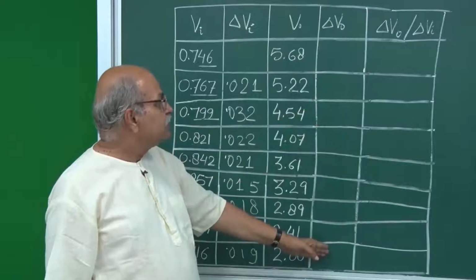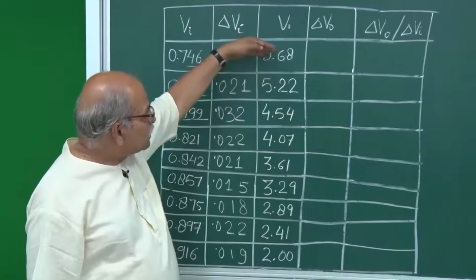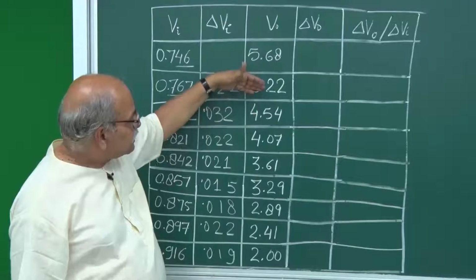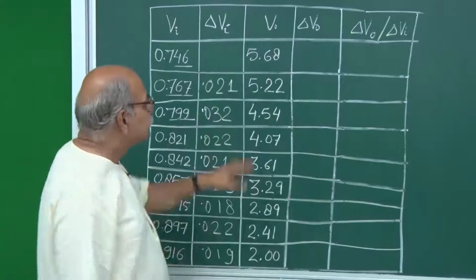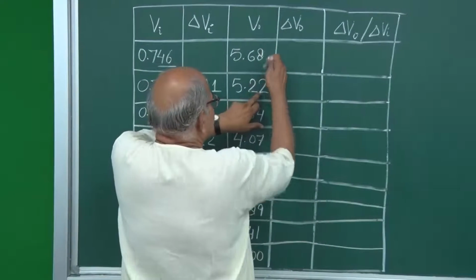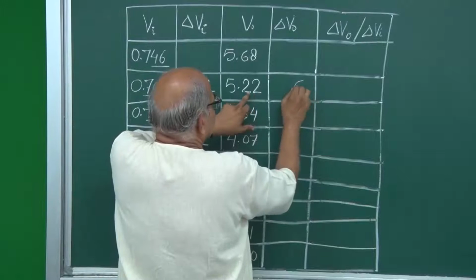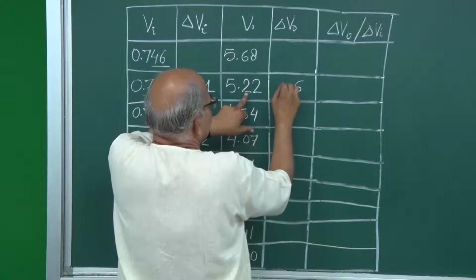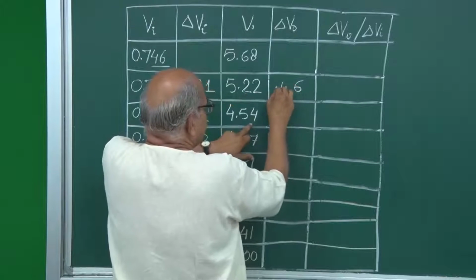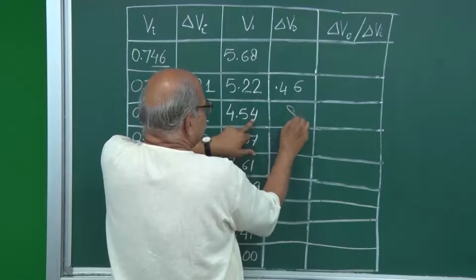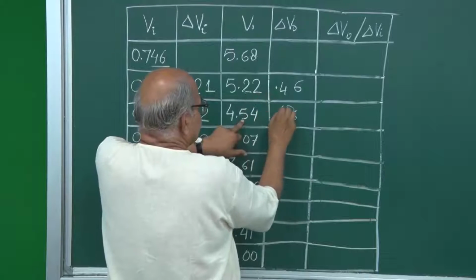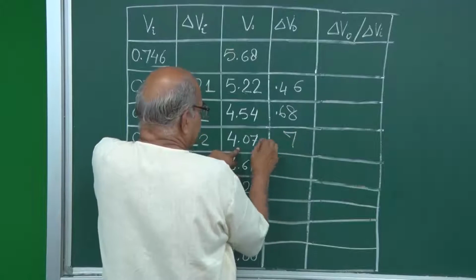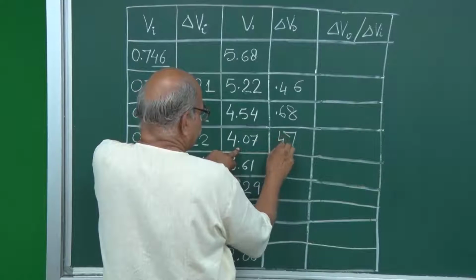This is delta VO. So I have to see how much this VO has decreased. So I have to subtract this from this, and so on. Let me fill this column. So 8 minus 2 is 6. Then here it is 6 minus 2 is 4. Here it is 12 minus 4 is 8 and 11 minus 5 is 6. Here it is 14 minus 7 is 7 and 4 minus 0 is 4.